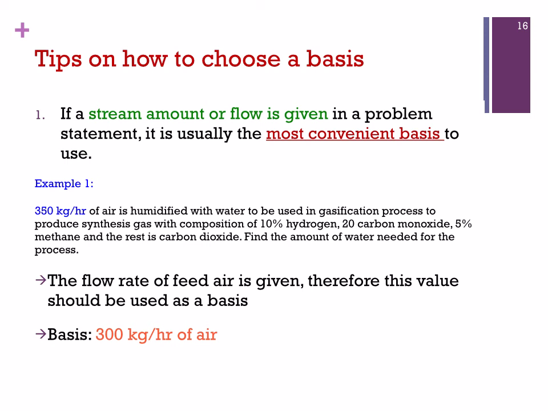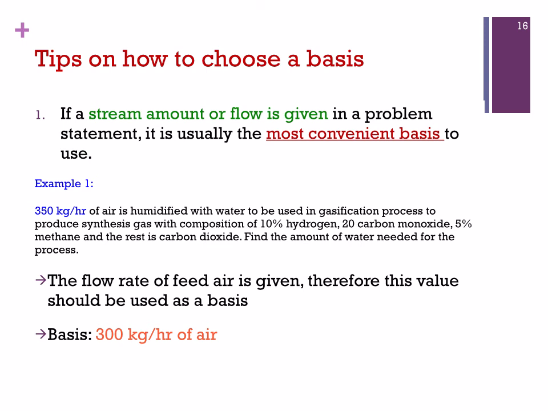Because all the other unknown values that you calculate will be following this basis. In this example, we have 300 kg per hour of air to be humidified with water, which will be used in the gasification process to produce gas with composition of 10% hydrogen, 20% carbon monoxide, 5% methane, and the rest is carbon dioxide.